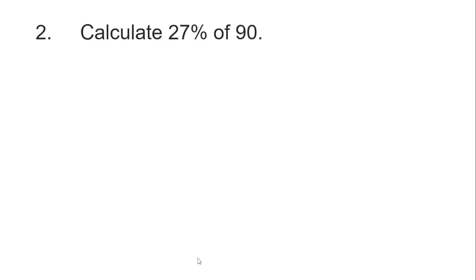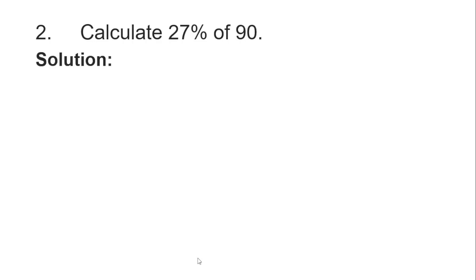Okay, let's move on. For example, let's calculate 4% of 100. The answer will be 4. But if we have 4% of 50, that will be 2. Now you can see the pattern there.